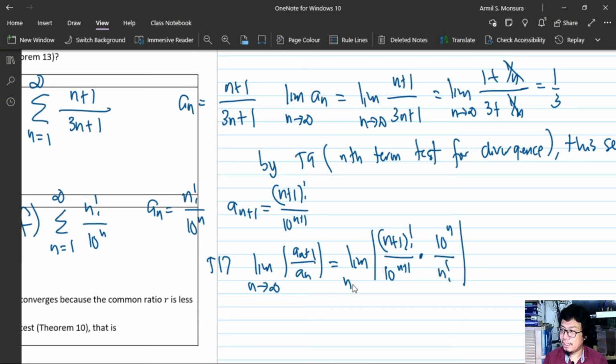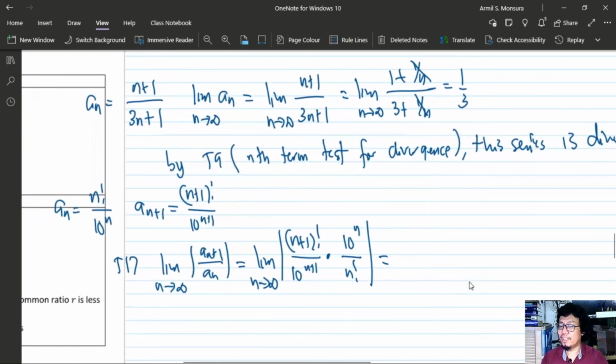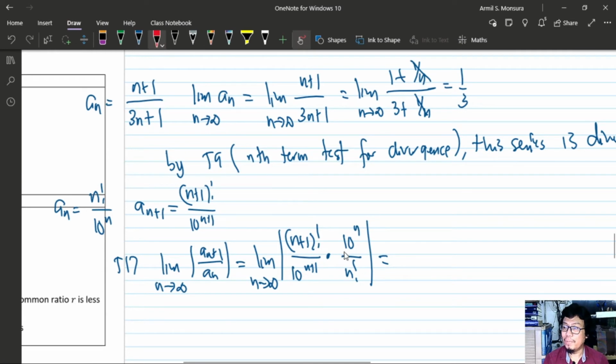We evaluate the limit of that as n approaches infinity. As you were able to recall earlier, you would be able to cancel this and leave a 10 here.